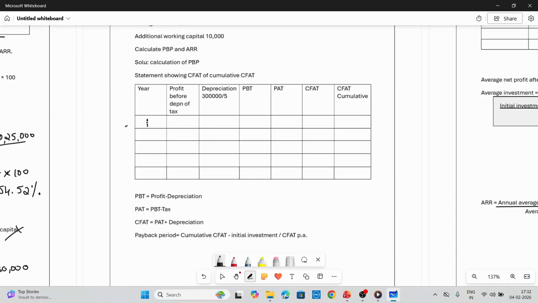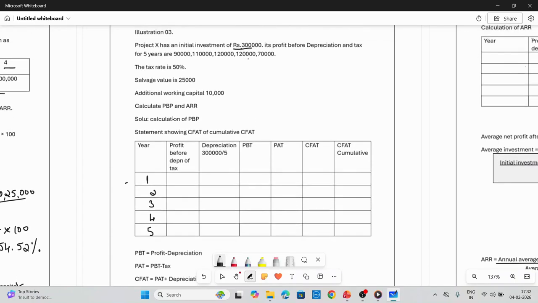Year 1, 2, 3, 4, 5. Profits are 90,000, 1 lakh 10,000, 1 lakh 20,000, 1 lakh 20,000 and 70,000.